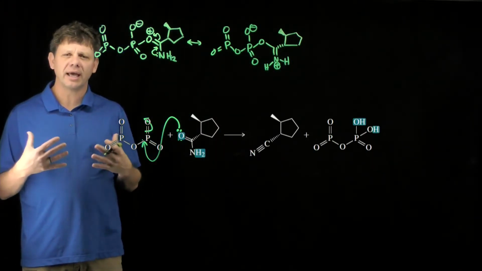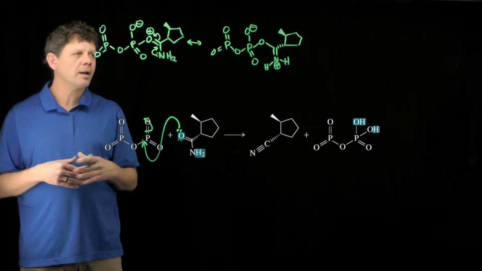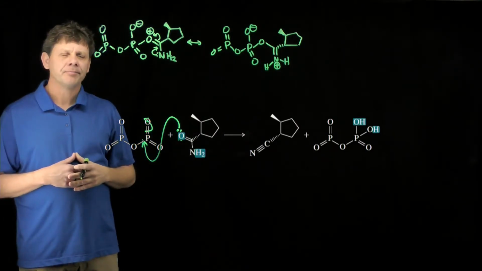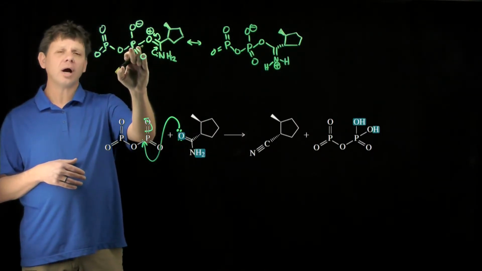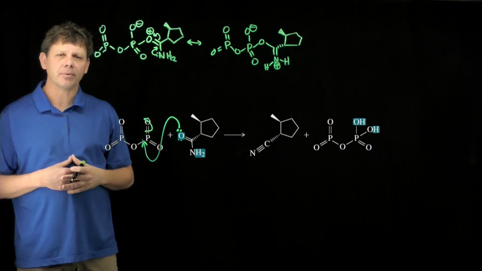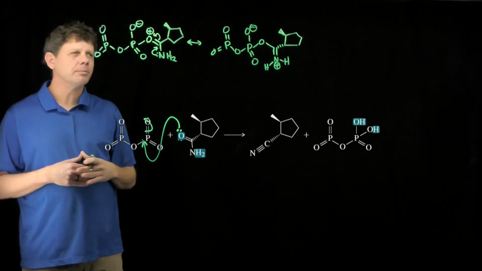In the nitrile, we're going to have a triple bond: a single bond, or sigma bond, and two pi bonds. We've now formed one of the pi bonds. We've also added a new oxygen to phosphorus, which is something we knew we were going to have to do at some point.